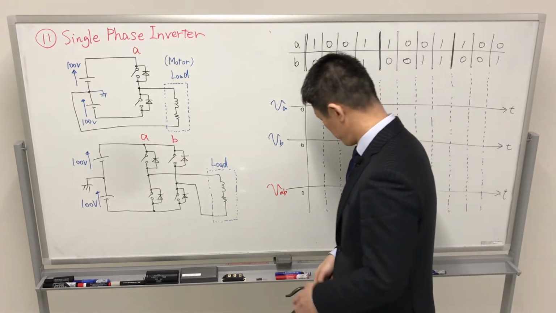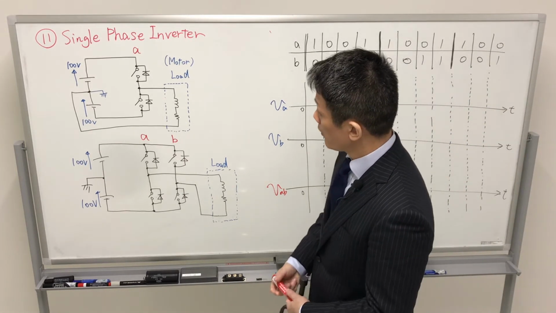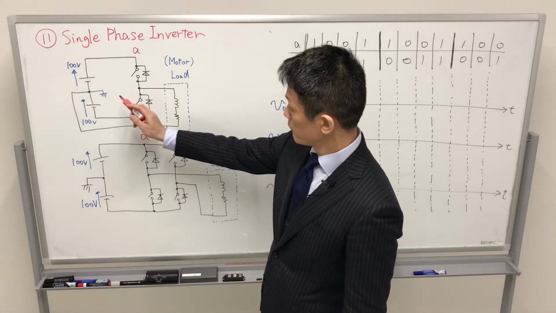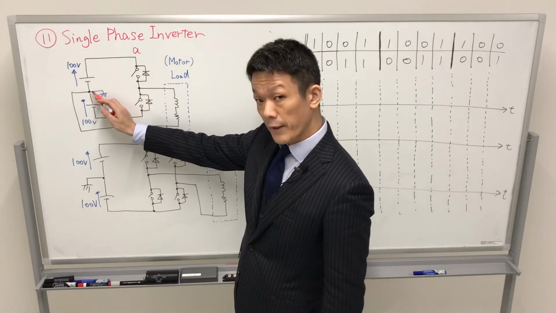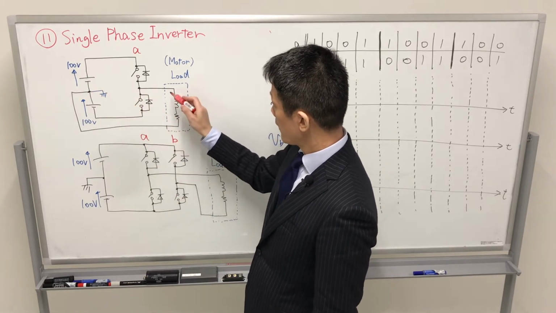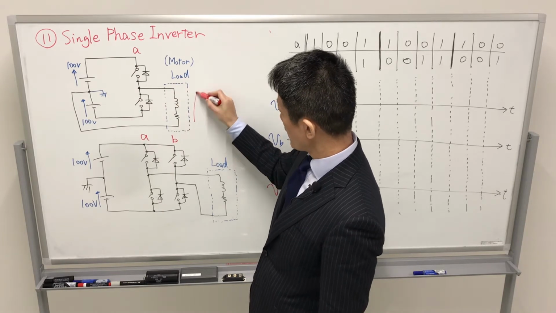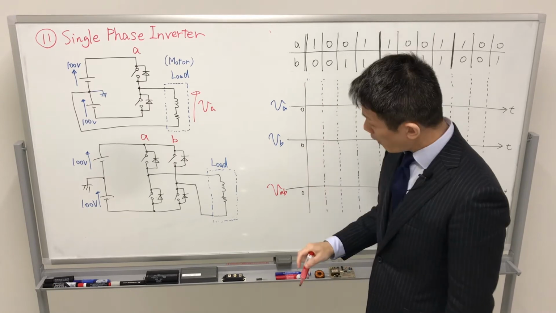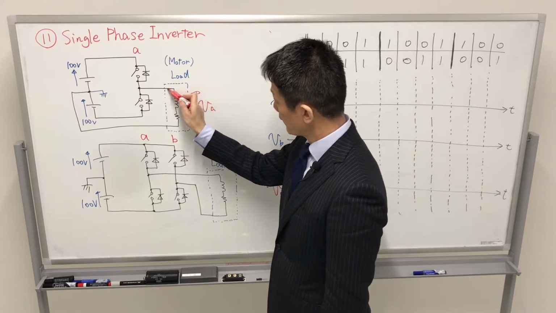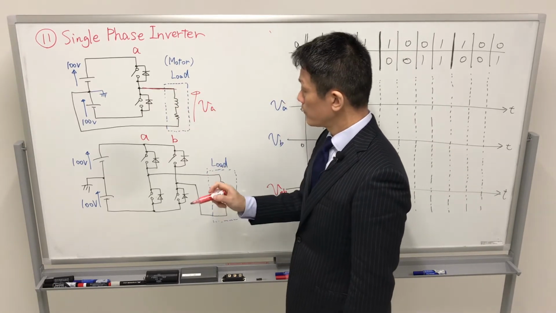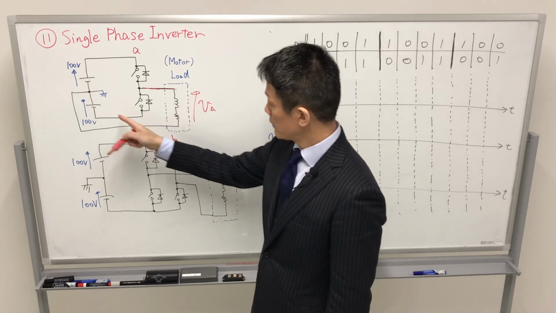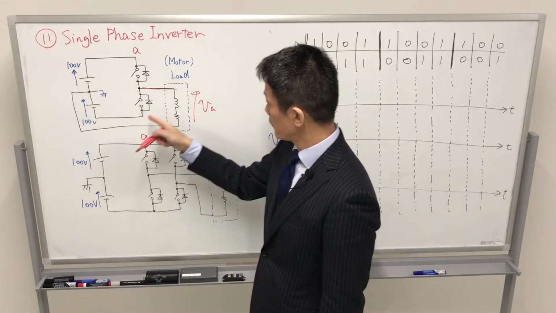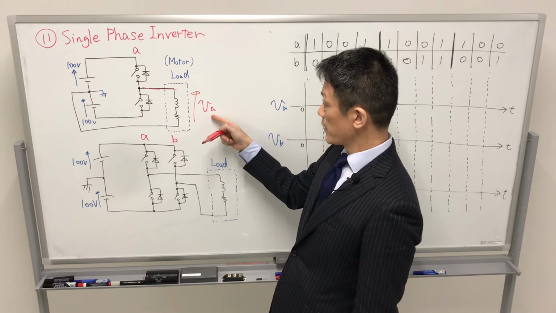VA usually means from the ground line to this point. This is the VA. However, from this line to this line means the VA.